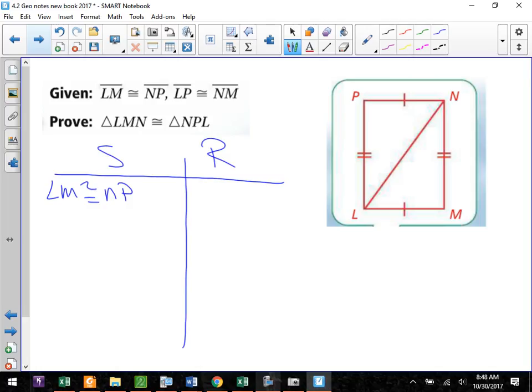What's the reason that I wrote it down? Because it's given. Okay, can I do anything besides make sure the diagrams are marked? Nope, diagrams marked. Go to the next one. Again, it's given. It's marked.